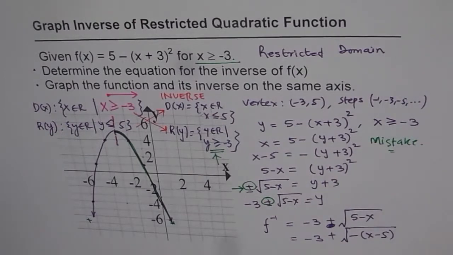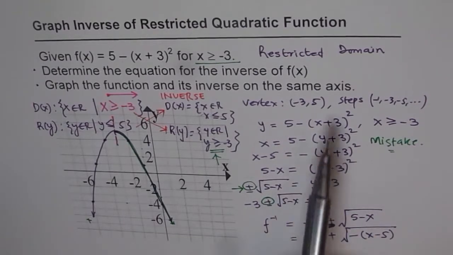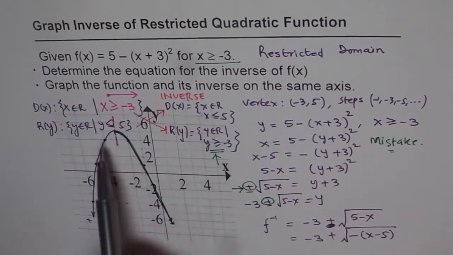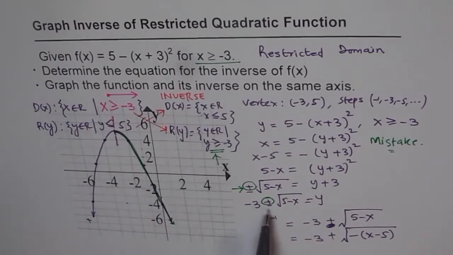Do you see that? Keep in mind that when we have a restricted domain, we are only considering one half of it, not both halves. Do you understand? You have to consider only one half of it.